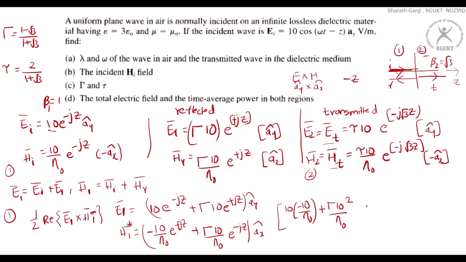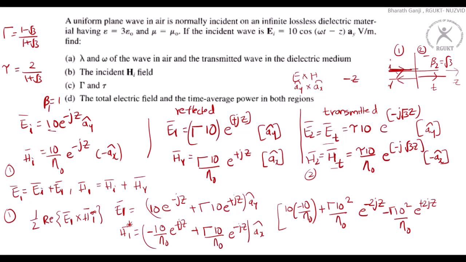After that you have, into e power minus 2jz, plus, you get a minus again, minus 10 square by eta naught into the reflection coefficient into e power plus 2jz, and the last term is tau square.